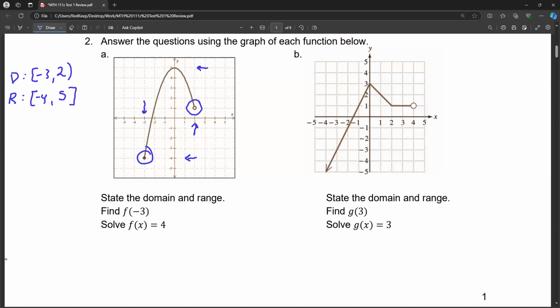Okay, so next they're asking us to find, I would read this as f of -3, or plugging in -3 into the function. So what we'll want to do here is to look at the function given in this graph and see what the output is when we plug in -3.